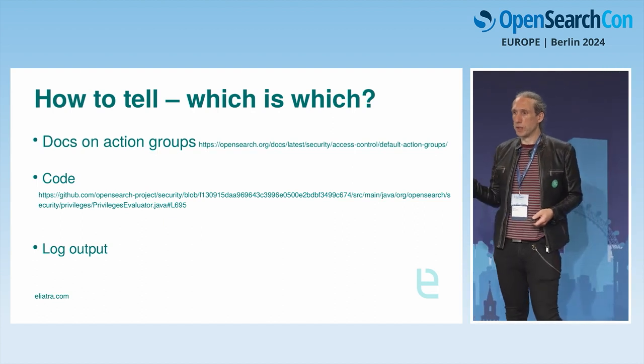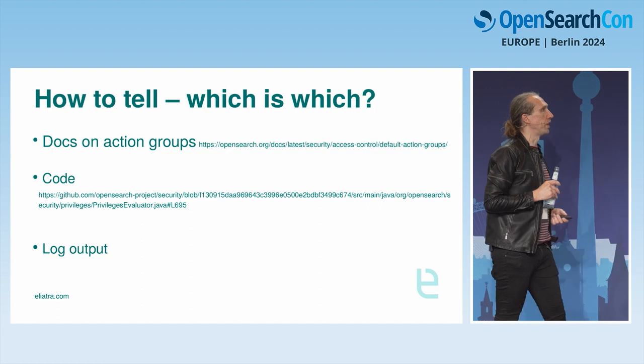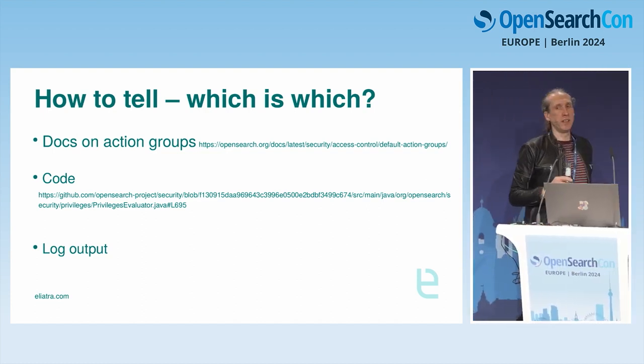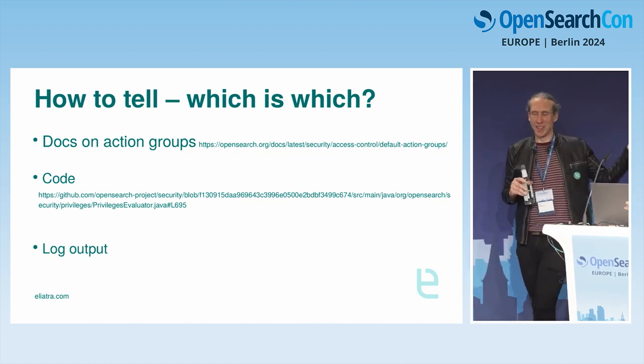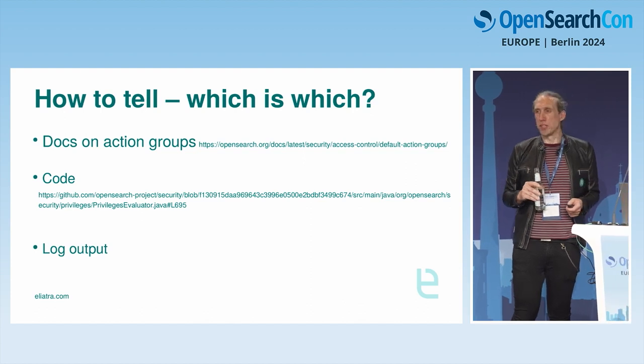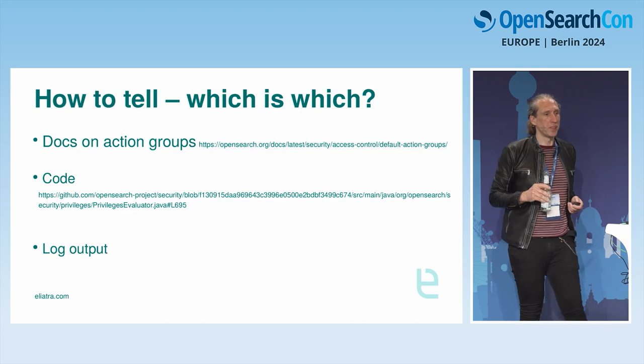This will tell you for the action groups at least, which is a cluster permission and which is an index permission. If you want to have it really exactly, you can also just check the code at this link, or, which is also a quite handy mechanism, check the log outputs. We will come to that very quickly.